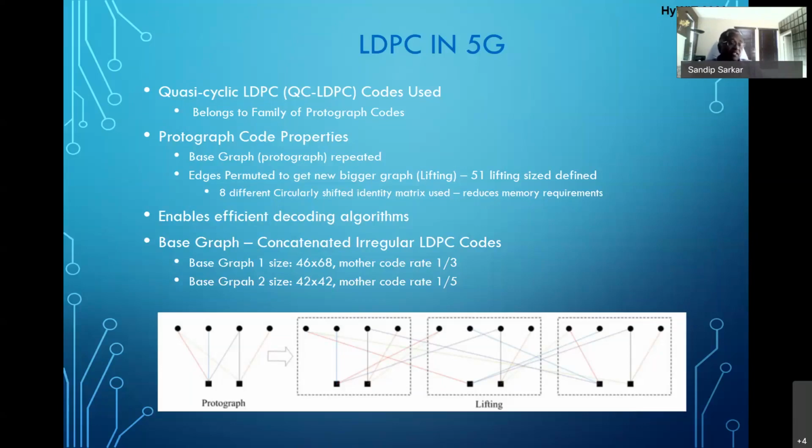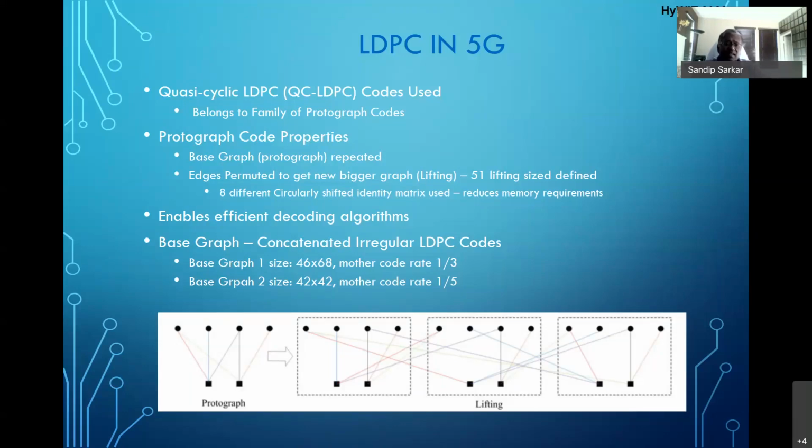Otherwise, the complexity of the turbo decoder becomes very large as the block size increases. In LDPC, similarly, if the block size becomes very large, you will have a very large memory requirement. Again, the processing power is not that much, but the memory requirement is very large.